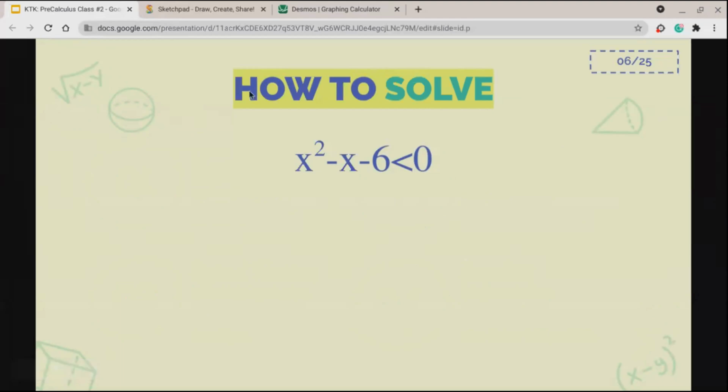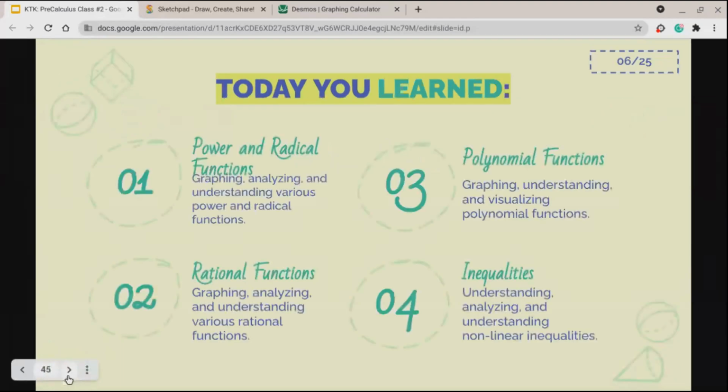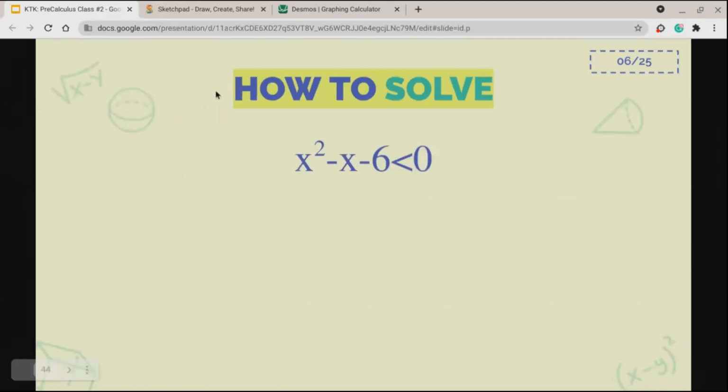Does anyone have any questions on solving nonlinear inequalities, any of that before we do our little recap? I don't see any questions, so we can go ahead and recap.